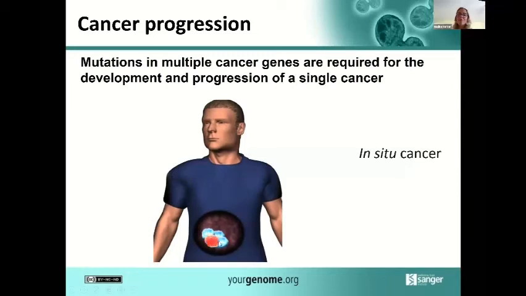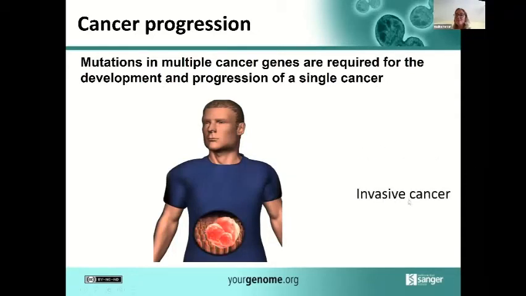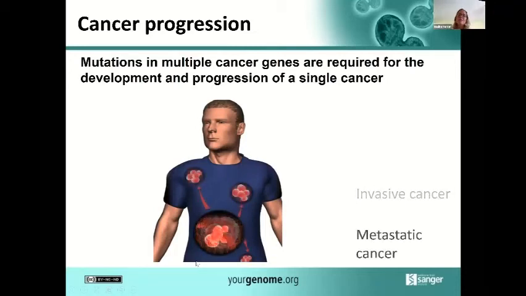You then get more mutations, and it's known as in situ cancer because it's inside the body. It then mutates again and becomes invasive because it's going to get through the membrane of the small intestine, and it's going to get into your blood. And then once it's in the blood, it metastasizes and spreads to other parts of the body.